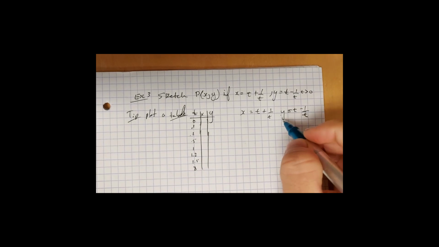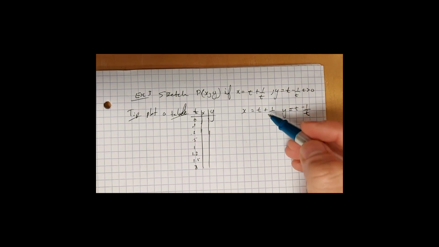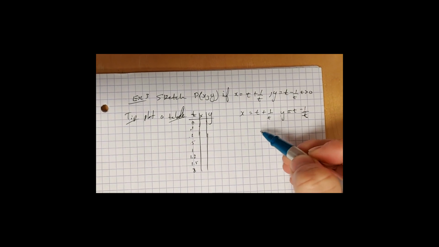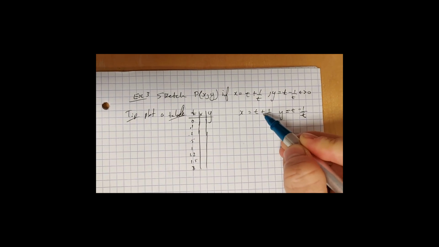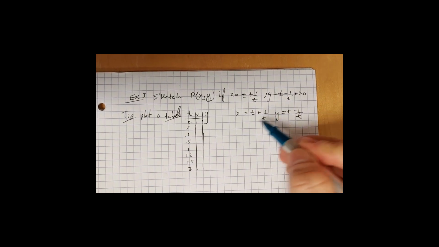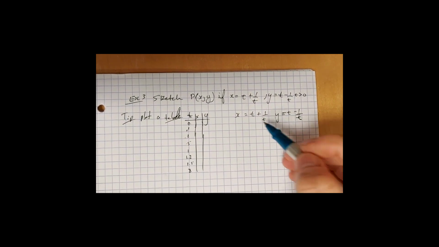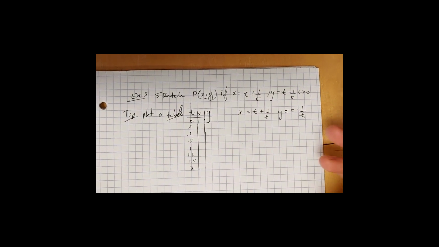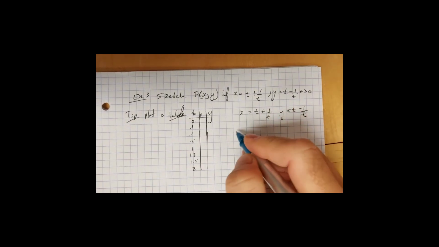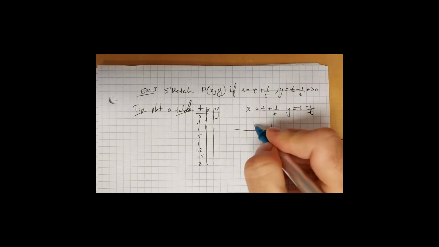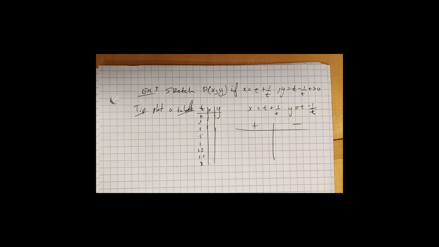Sometimes the most direct method is elimination, and usually elimination starts to pop in when you have sums and differences on the right hand side of the parameterization. So let's take this example, and I'm going to do two things. Here I'm going to add them, and here I'm going to subtract them.